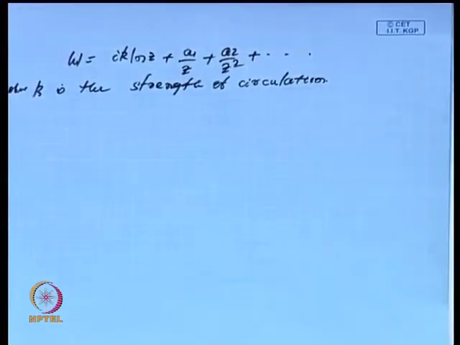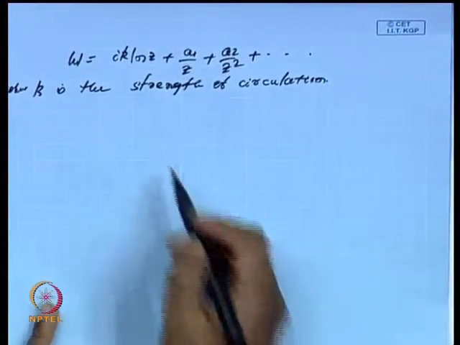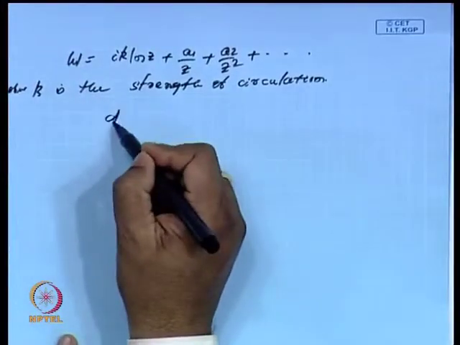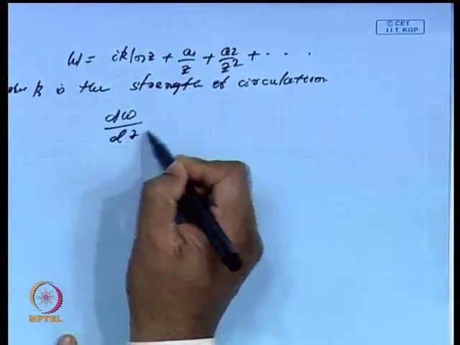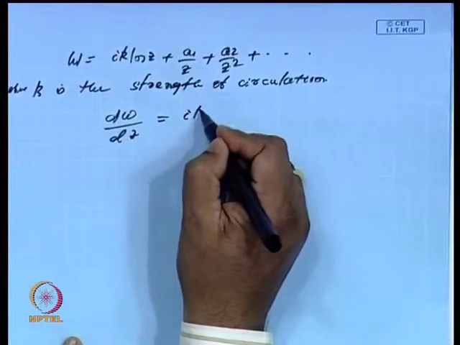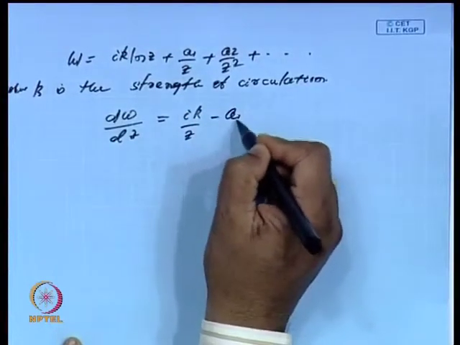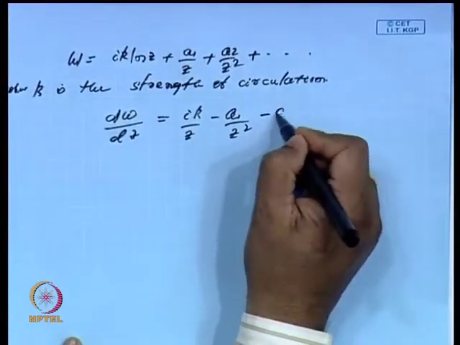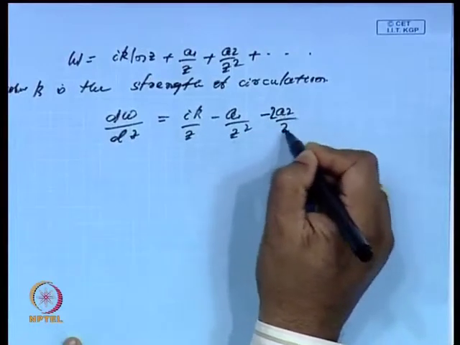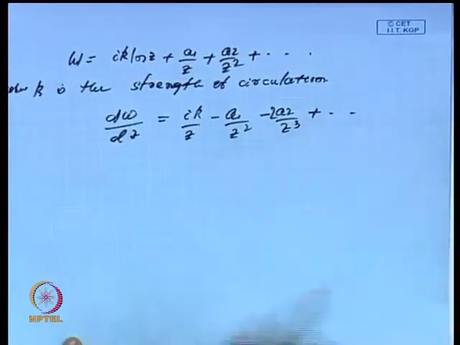This gives dw by dz as ik by z minus a1 by z square minus 2 a2 by z cube, and so on.